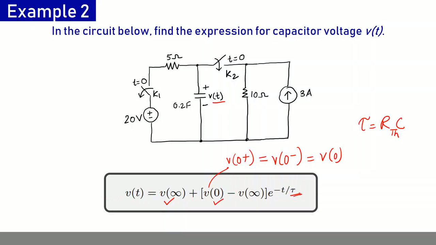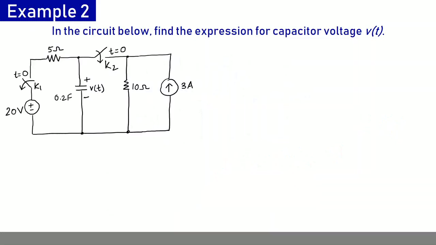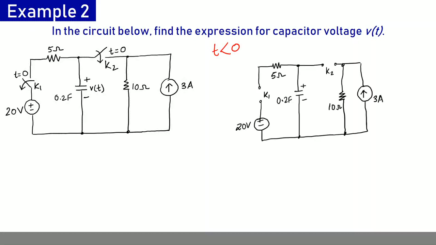So to start with, I have redrawn the circuit here, and I am drawing the circuit for time t less than 0. So at time t less than 0, this switch K1 was on and this switch K2 was off.